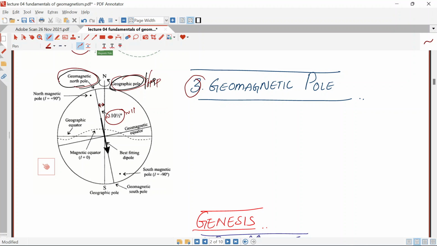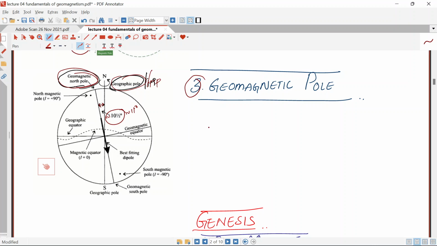This is the geomagnetic pole line, and this is the axis of the earth or geographic pole, which is inclined at 10 and a half degrees or 11 degrees.